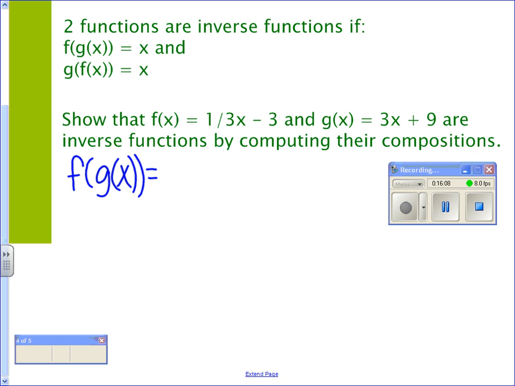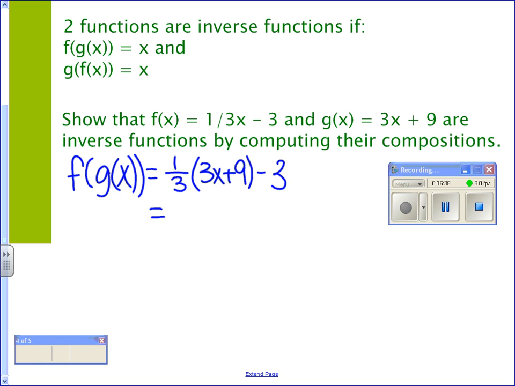So f of g of x, what would we do for that? Instead of x, we put in 3x plus 9. Does that make sense? Do you see how that works?